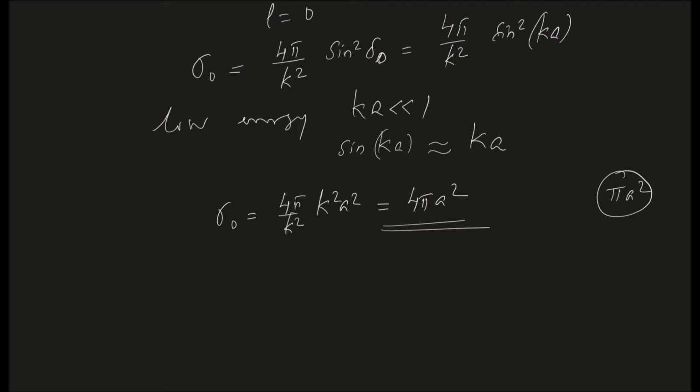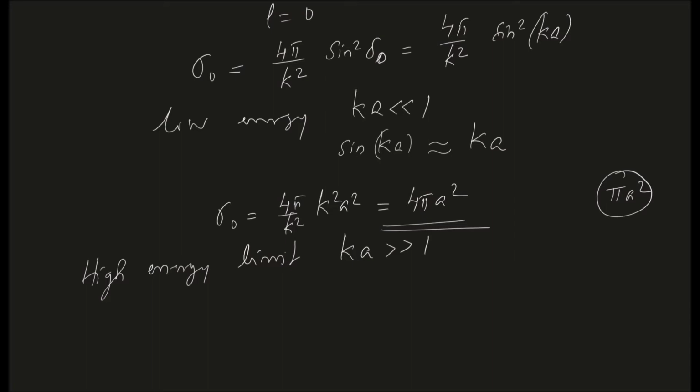Now we consider the other energy limit, the high energy limit, where we assume that the incident particles have very high energy such that Ka is far greater than 1. Then the number of partial waves contributing to the scattering will become very large. Unlike the low energy case where we considered only the S wave analysis, here we have to consider contributions made by many partial waves.